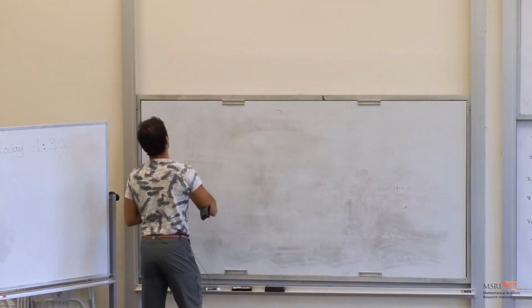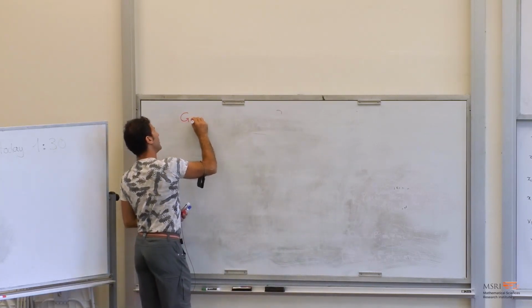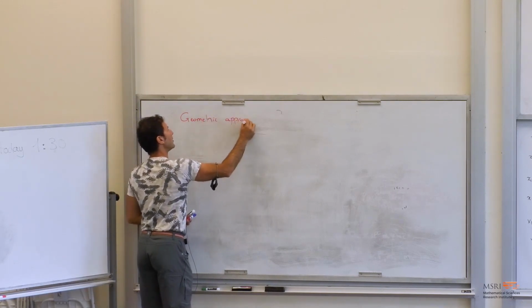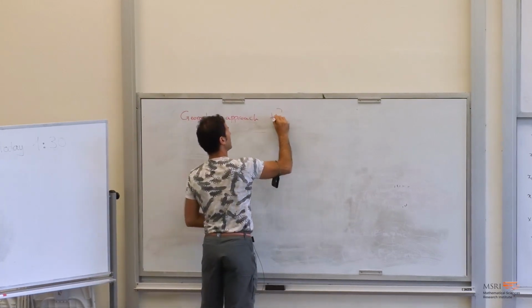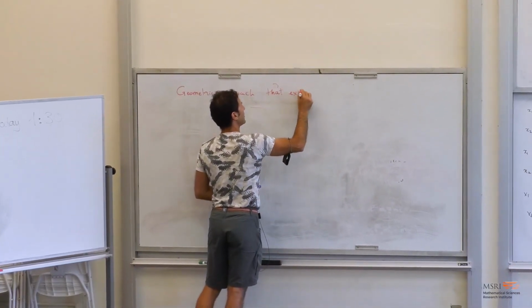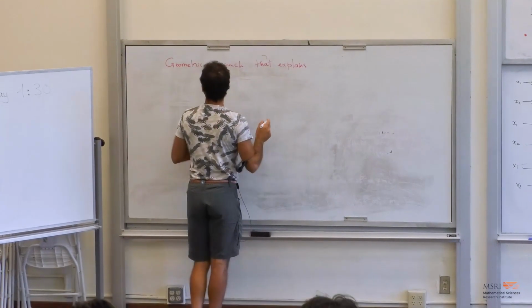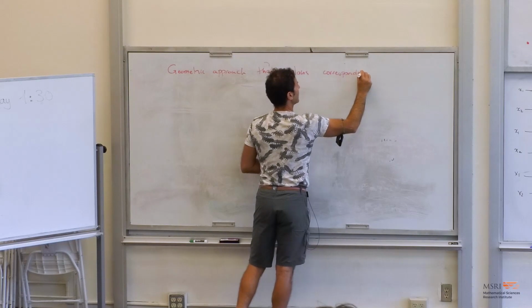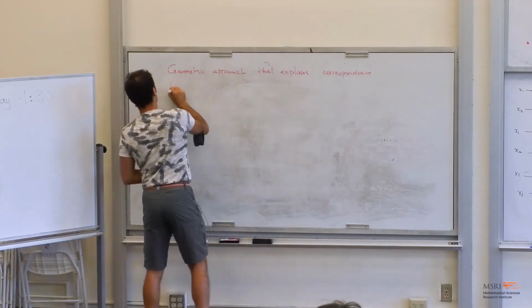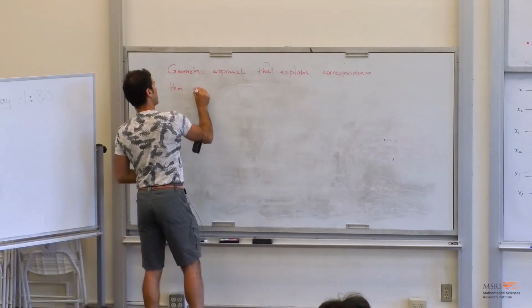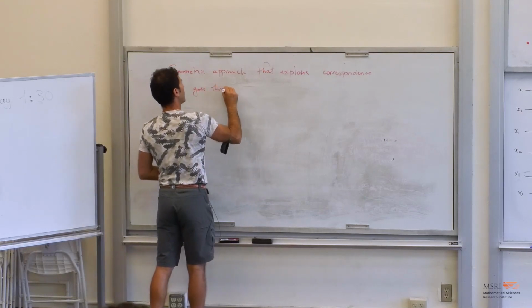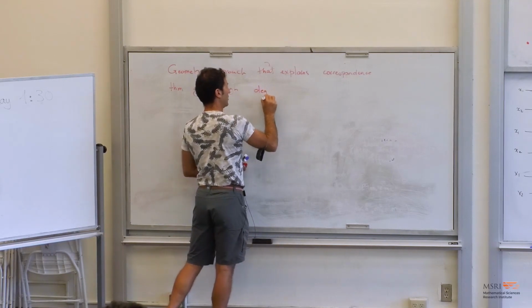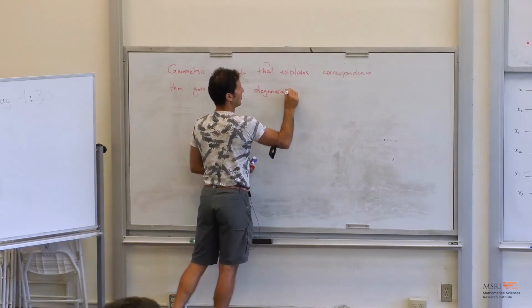So the geometric approach that motivates, that explains the correspondence theorem goes through the degeneration formulas.